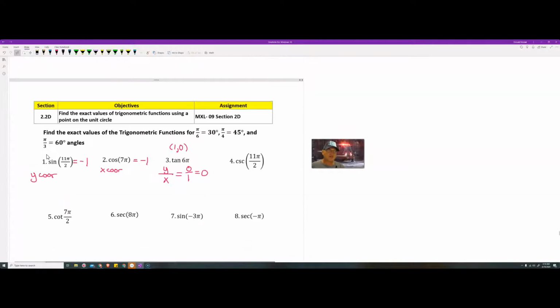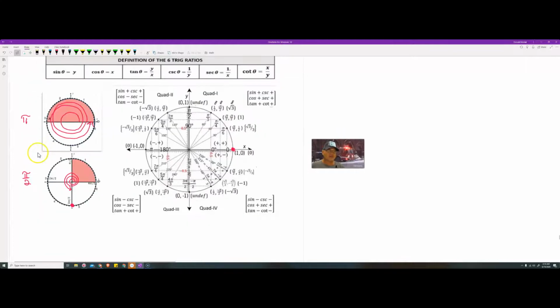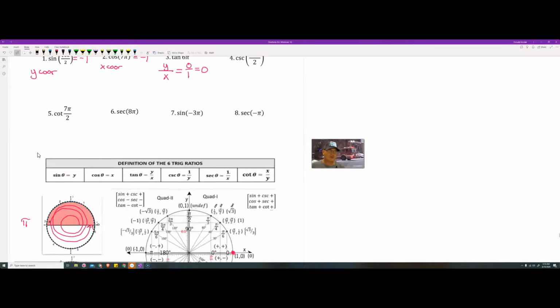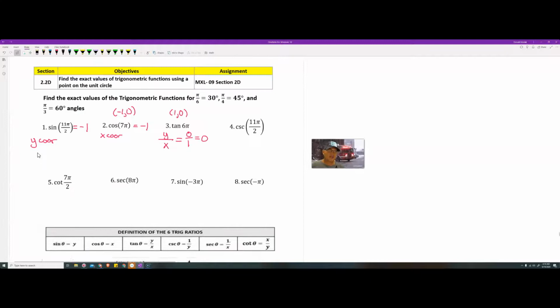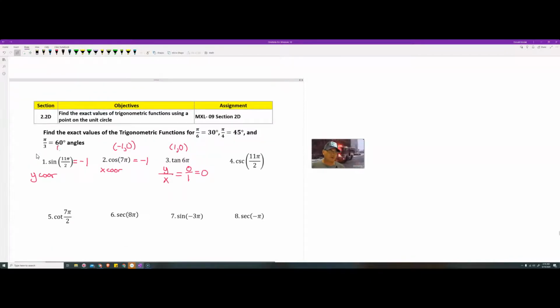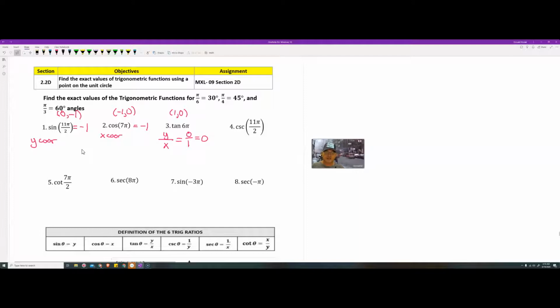Okay, 7 pi landed at the point -1, 0. And 11 pi over 2 landed, its endpoint was 0, -1. We already did 11 pi over 2. Now we just have to do the cosecant. Cosecant is the y-coordinate flipped.